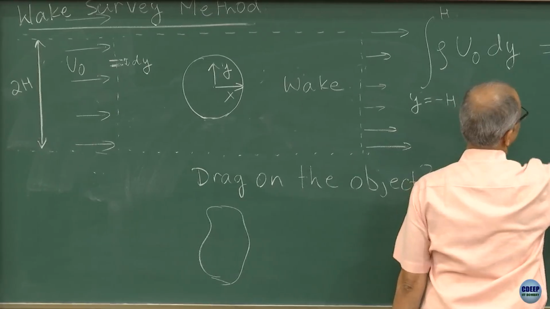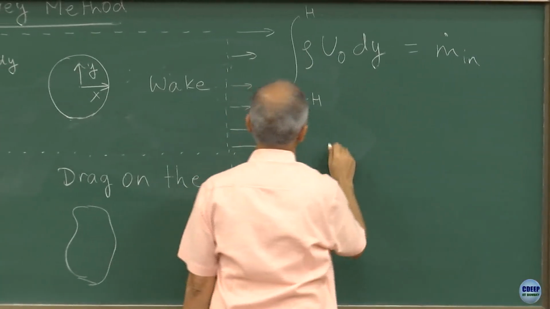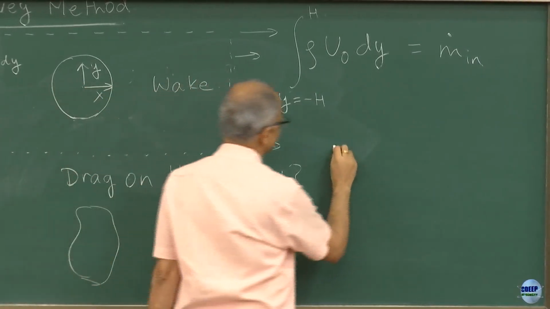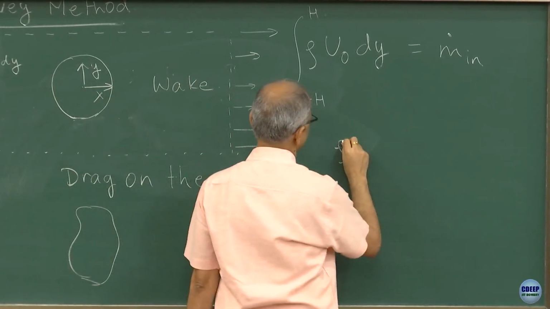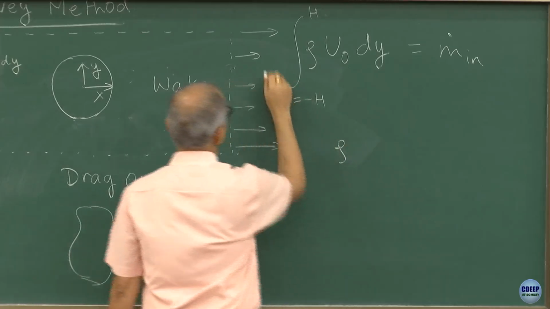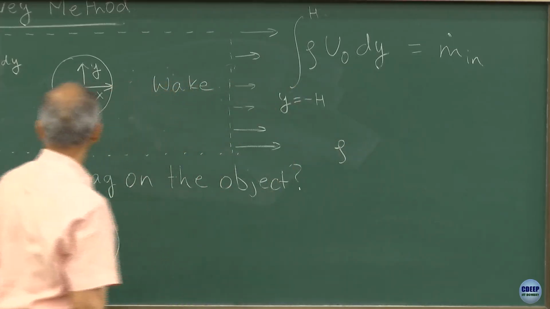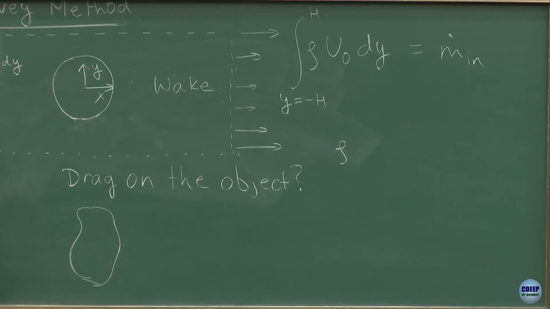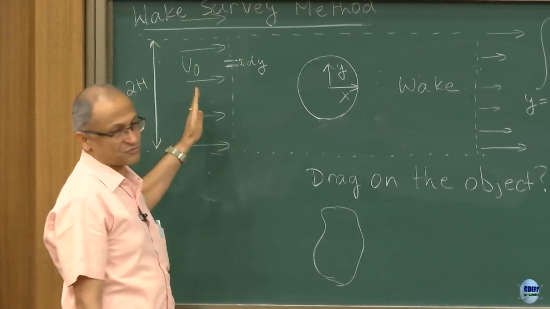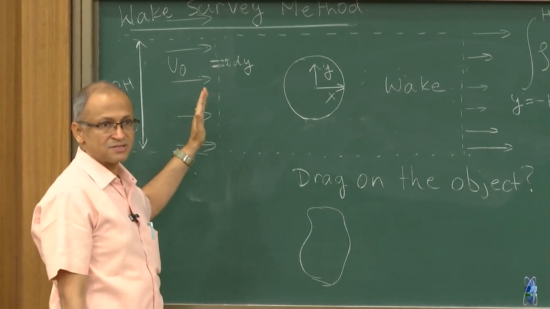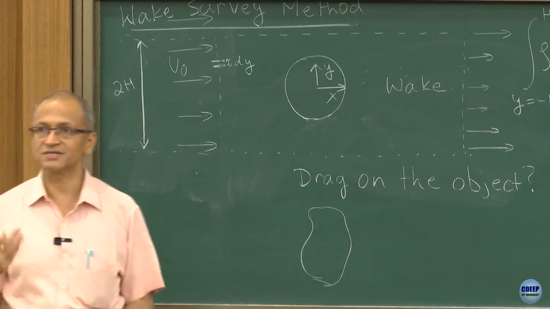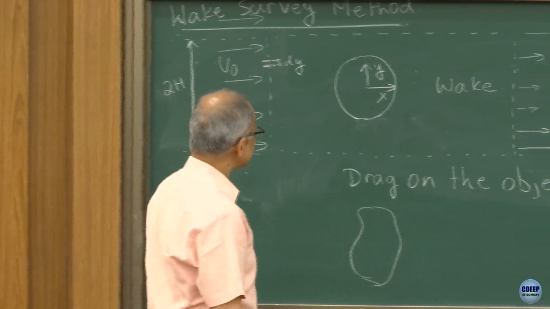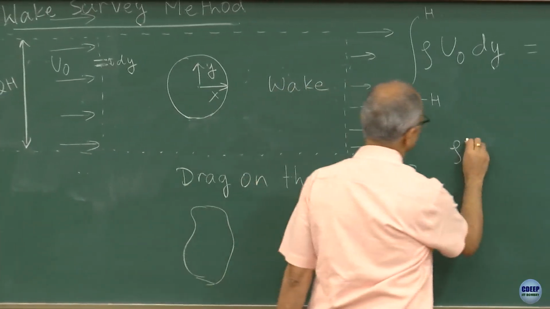So, this is the incoming mass, m dot in, and how much is the m dot out? You can see that I will have a very similar thing. Here the velocity is varying. Earlier, the flow which is coming in, I am assuming that it is coming in with a uniform velocity, okay. In the case of a car, this assumption is not correct. This assumption will be correct if you put the object in a wind tunnel, okay. So, here it will be rho times u.